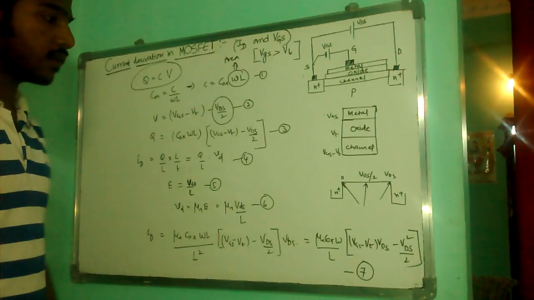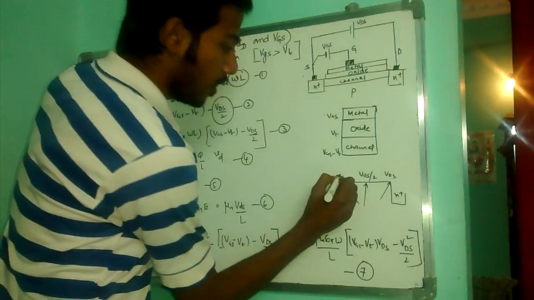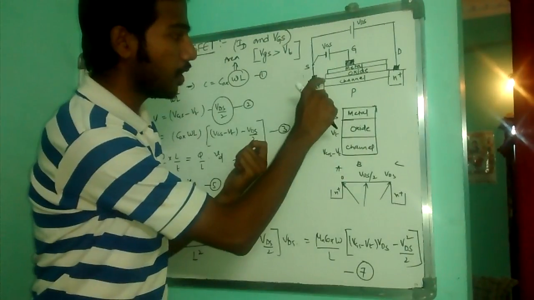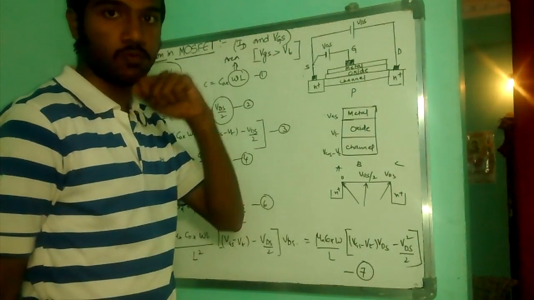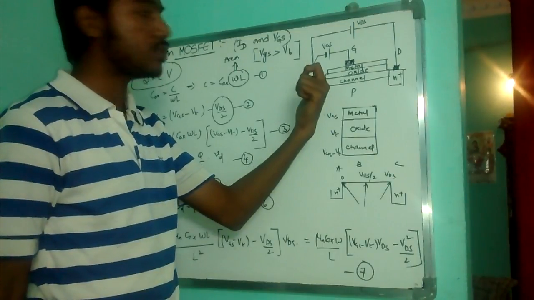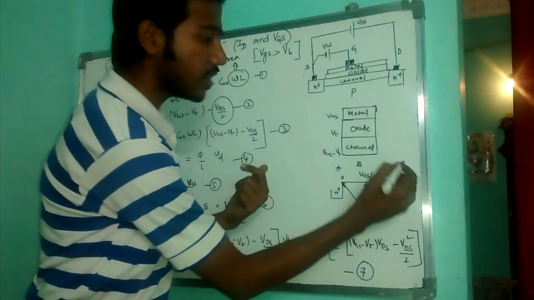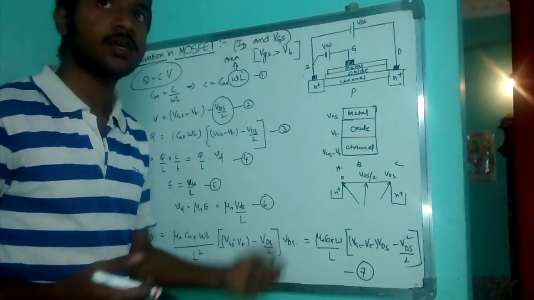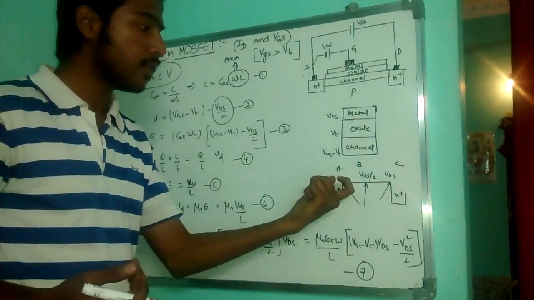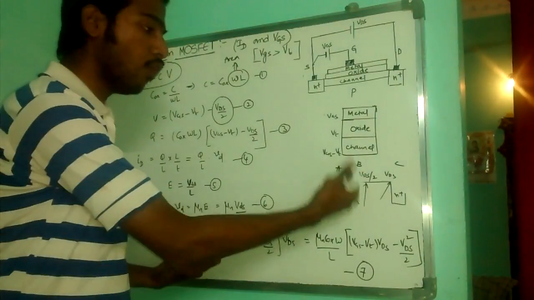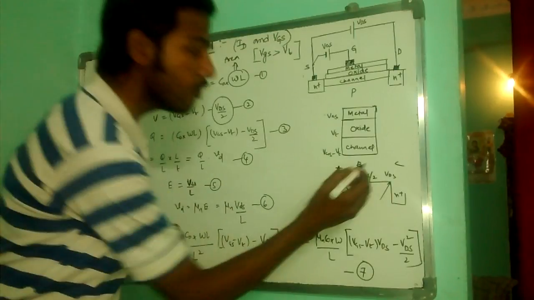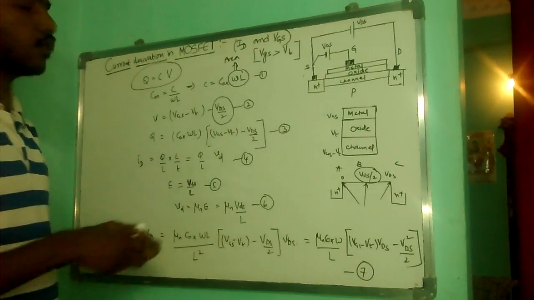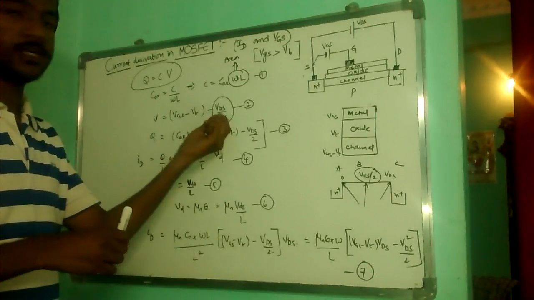This VDS by 2 comes from considering the points A, B, C. At point A, the voltage VDS is 0, meaning there is no drain to source voltage here. At point C we have the drain to source voltage. We take the average of the voltages at A and C, which will be VDS by 2. So we subtract VDS by 2 from VGS minus VT.